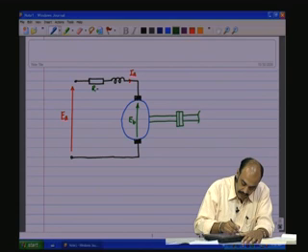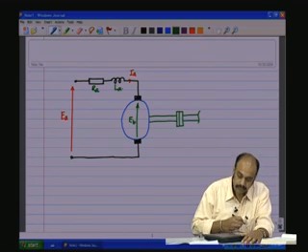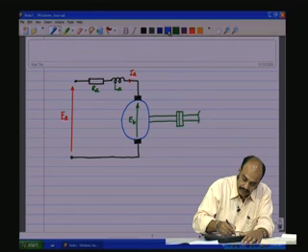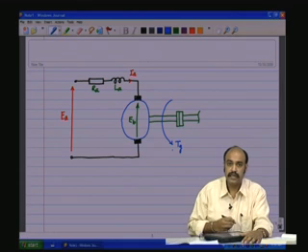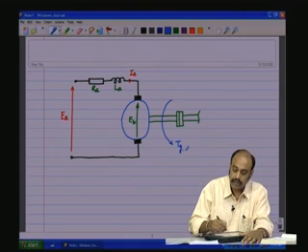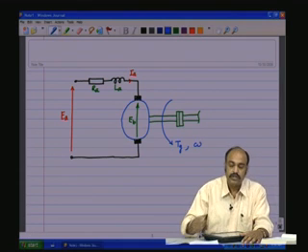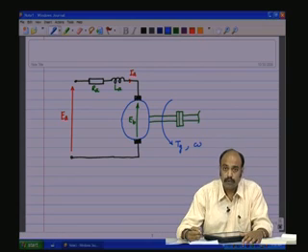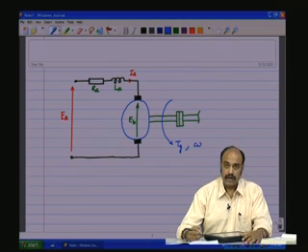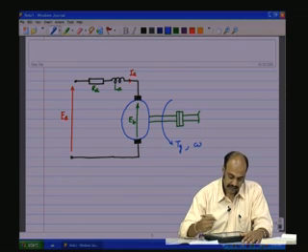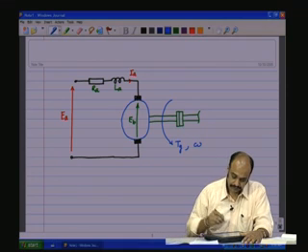This is RA and LA, and then in the mechanical domain we have a torque Tg which is getting generated, and because of the torque Tg there is a speed, angular speed of rotation omega in radians per second, or speed n in RPM, which gets generated.